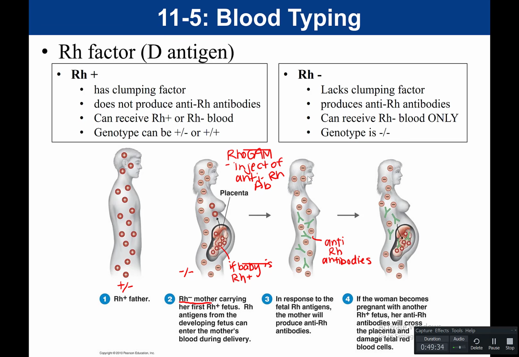And if mom doesn't make the antibodies, then mom's immune system is not going to remember that, and subsequent pregnancies will be fine. So this RhoGAM is going to be critical to prevent mom's body from making these anti-Rh antibodies. And so if she's given this RhoGAM, that's going to protect future fetuses from being attacked by her own immune system. And so you want to understand about the Rh factor.